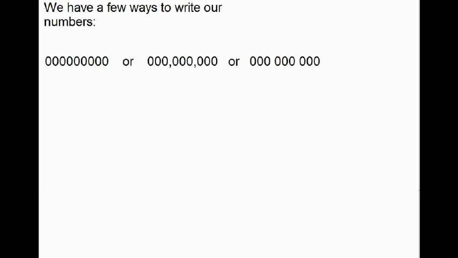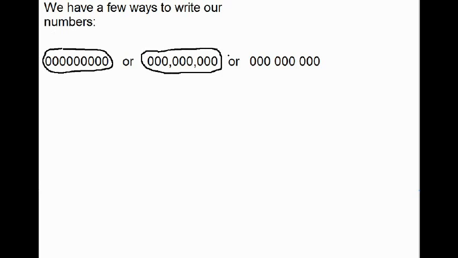So the next thing I'm going to talk about is the actual names of these places. But just before we do that, there's a few different ways we have to write our numbers. So we can write our numbers where we have the values all just kind of clumped together like this. Or oftentimes you'll see numbers written in this way where there's a comma basically for every 3 places.